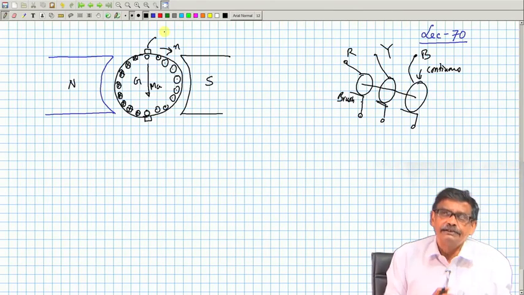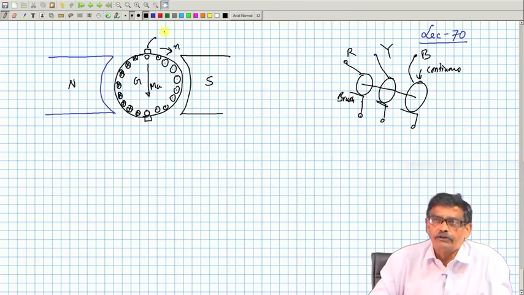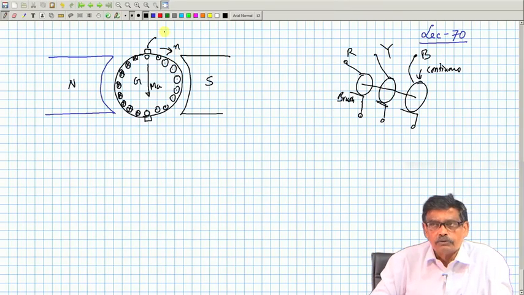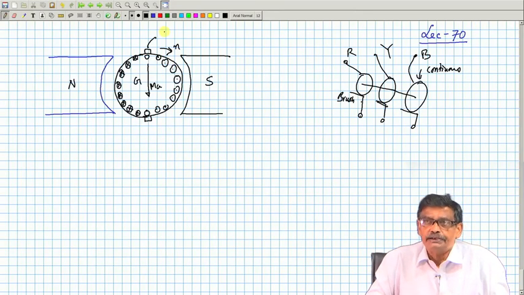Now, another interesting thing I will tell. We have now learned the ill effects of armature reaction in generator mode. Now, suppose I take a large machine, armature reaction will be quite heavy.